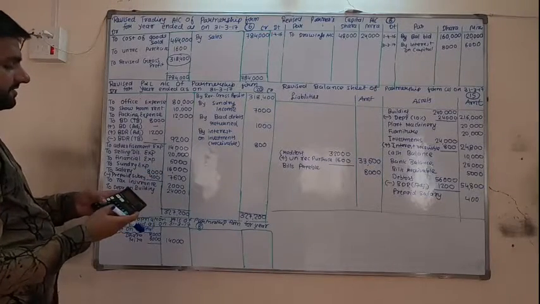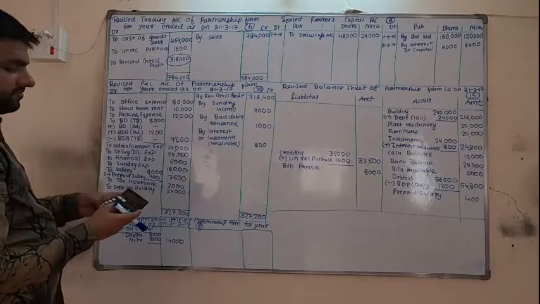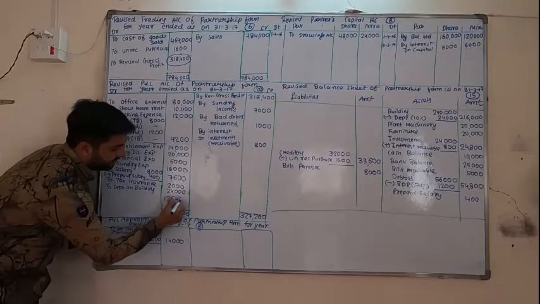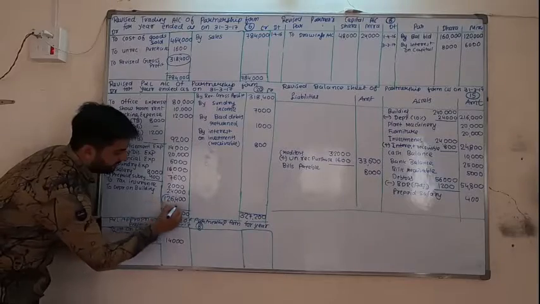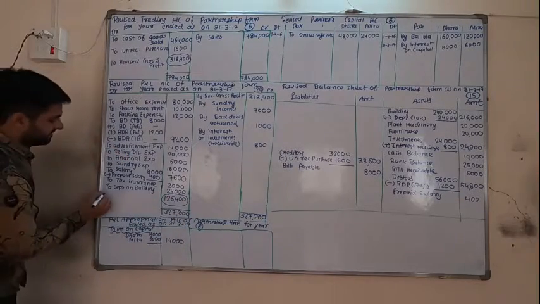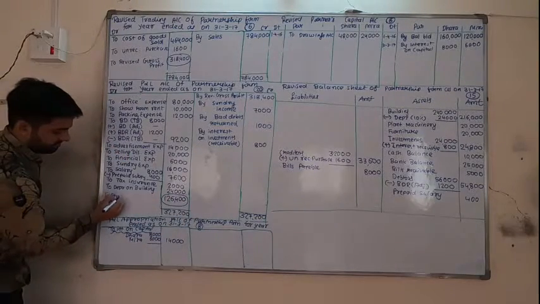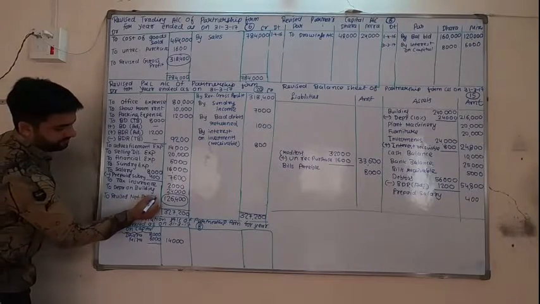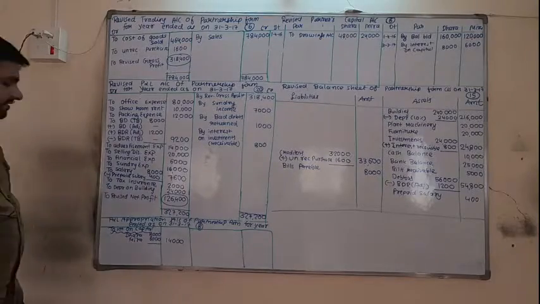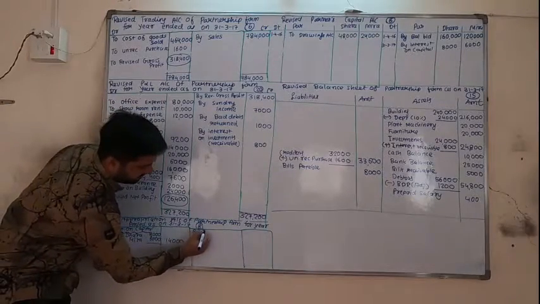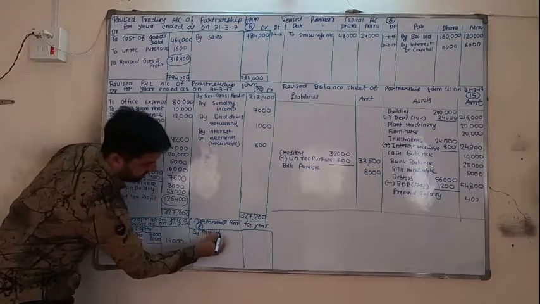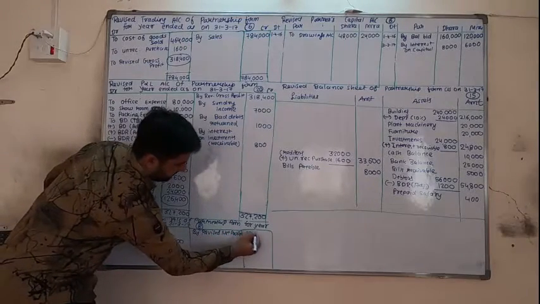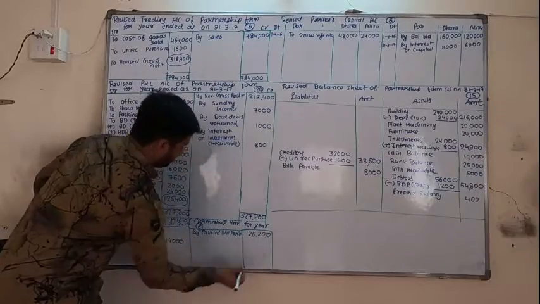minus 7,600, minus 2,000 and minus 24,000. So it is 1,26,400. And this is revised net profit. Now this is debited, so here it should be credit: by revised net profit 1,26,400.